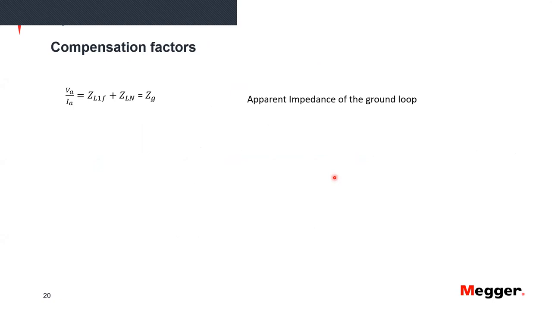And what the compensation factors do is they deal with the fact that in a single phase to ground fault, there is an amount of impedance that has nothing to do with the impedance that I'm looking for. And the way to deal with it is by calculating a type of compensation factor.